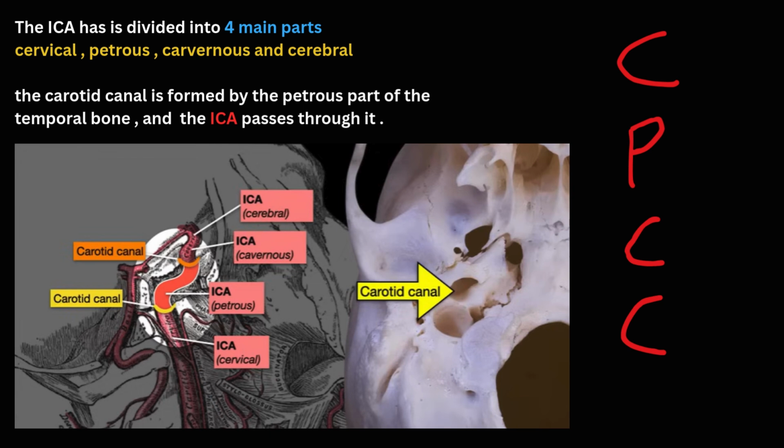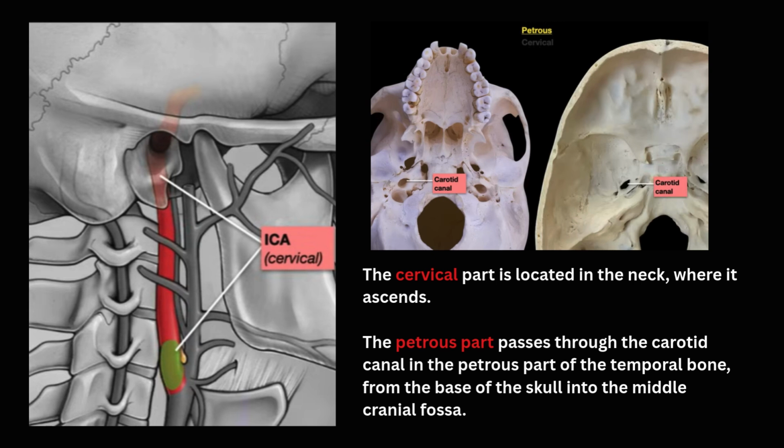Now, more about the internal carotid artery. The carotid canal is actually formed by the petrous part of the temporal bone itself. So, that is where the internal carotid artery passes through into the skull. So we're going to look at the cervical part.